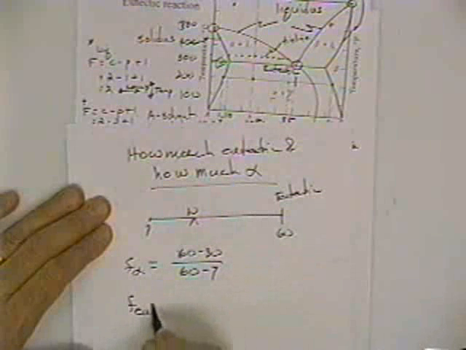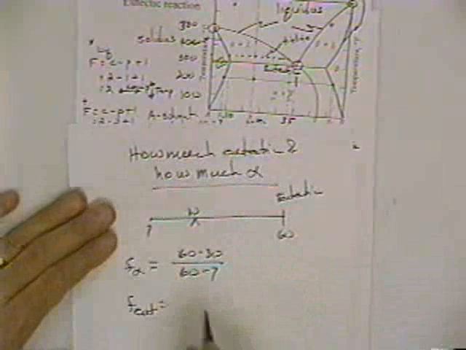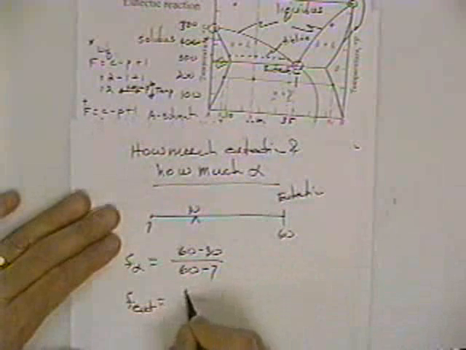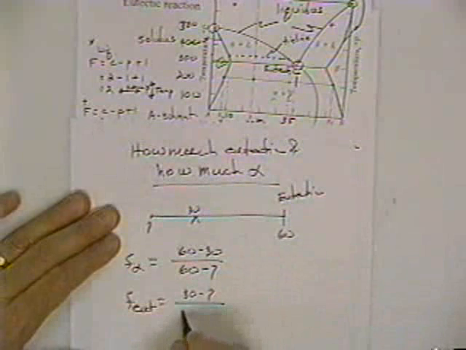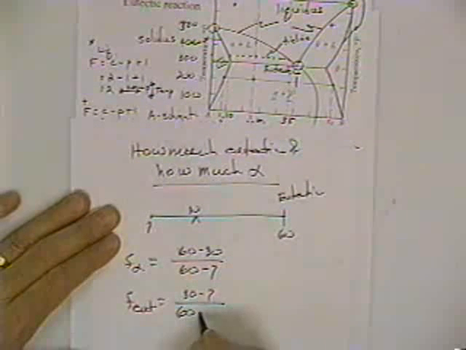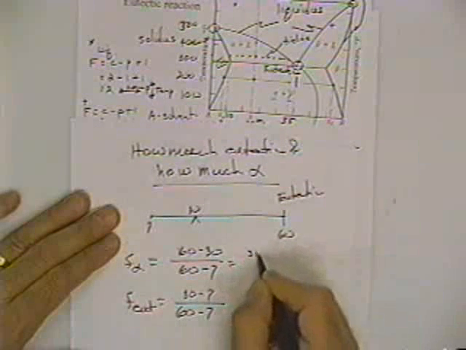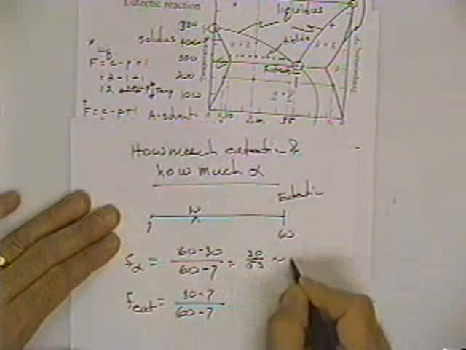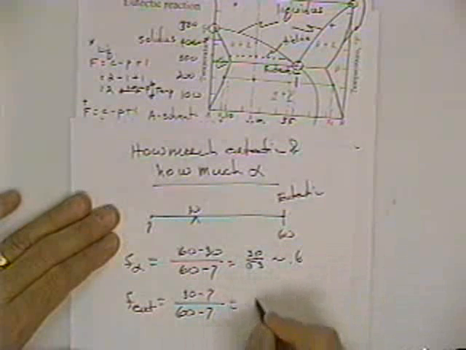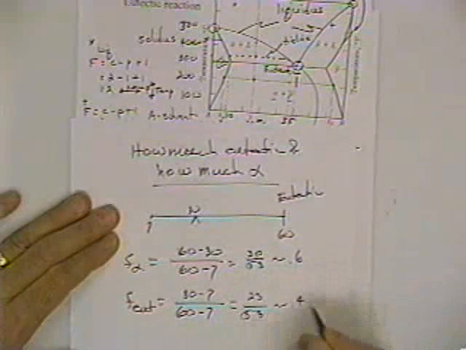The fraction of eutectic is going to be the opposite portion of the lever arm, and that's going to be 30 minus 7 over 60 minus 7. That's going to be 30 over 53, so about 0.6. And this is going to be 23 over 53, about 0.4.